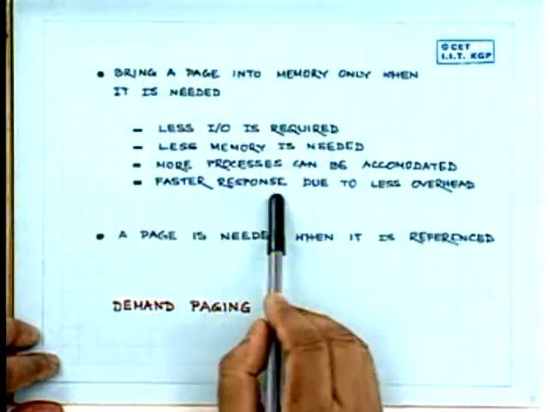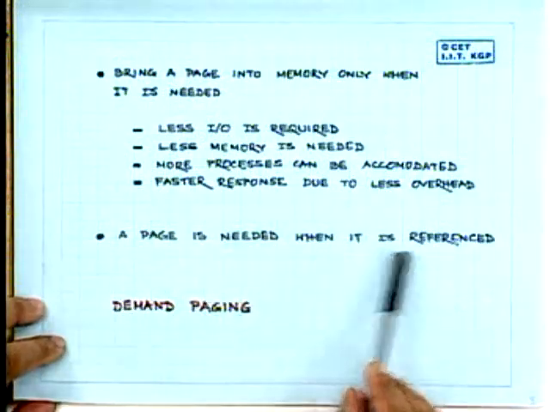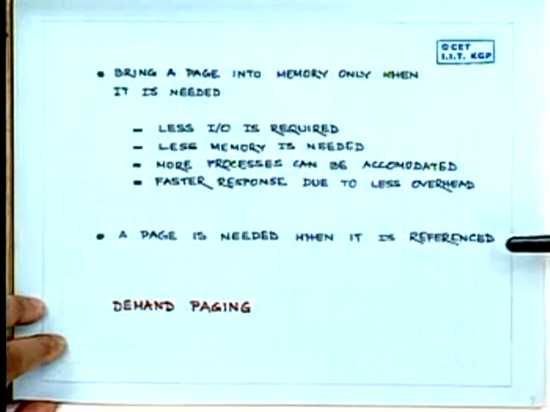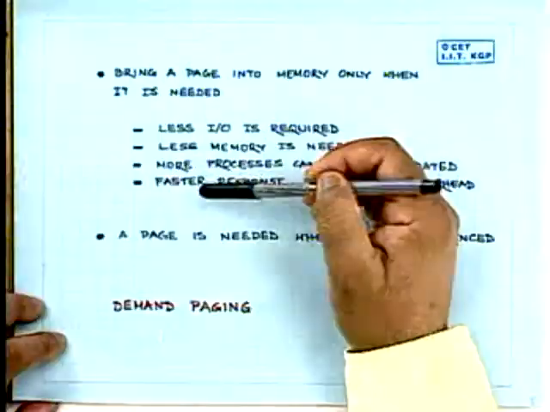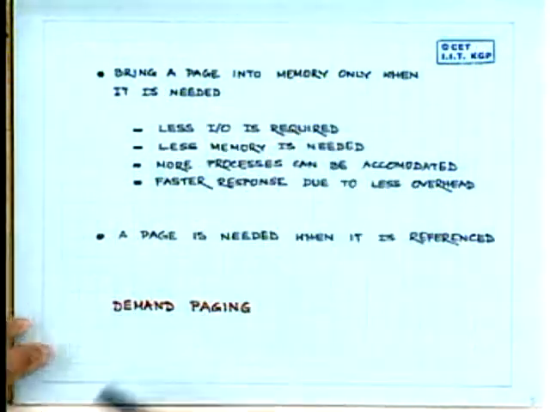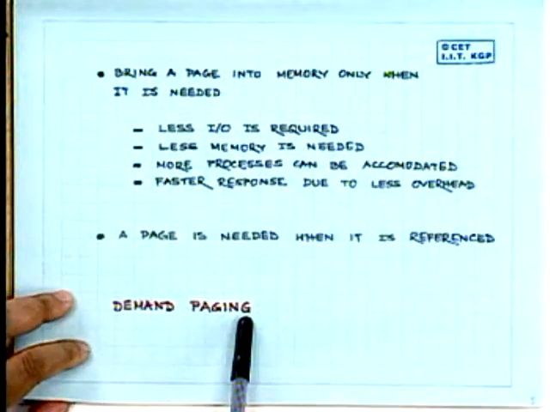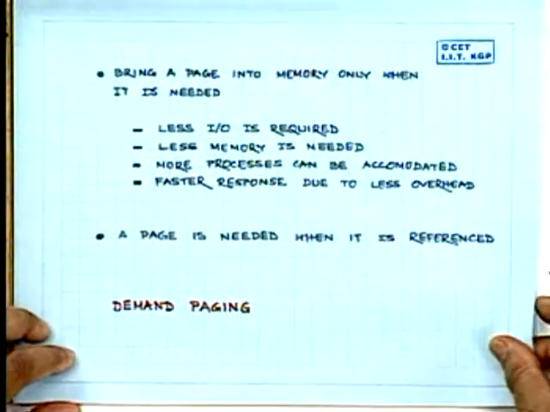When I say faster response, that means the throughput of the entire system. A page is needed when it is referenced. Therefore, when a page is referenced and it is not in the main memory, only then is it brought into the main memory, and that is why we call it demand paging. On demand, the page is brought into the memory.